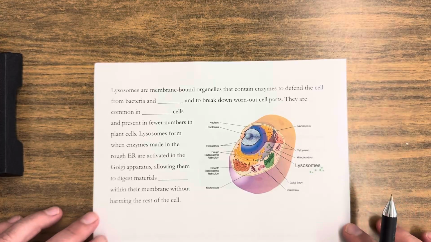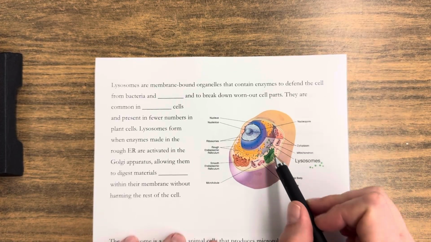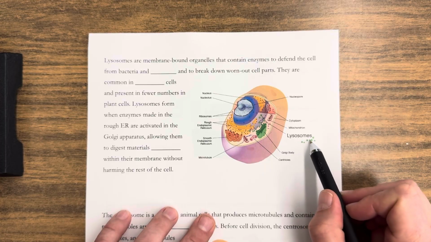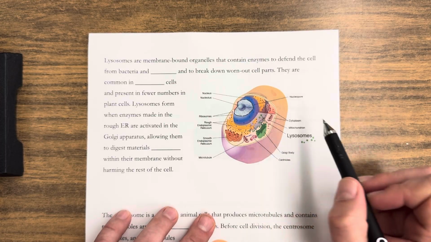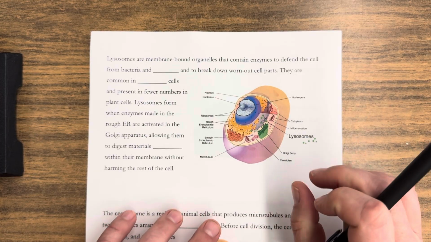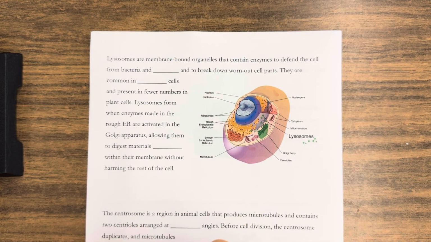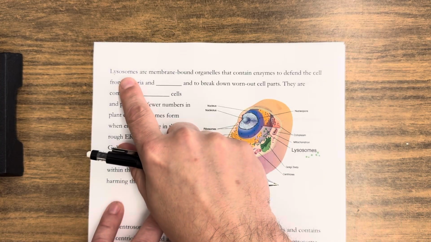All right, this one is lysosomes, and the image here, they're pretty small. There's just these green dots that you see in here. So they're smaller, and they're another membrane-bound organelle, but smaller than like the vacuole and stuff.